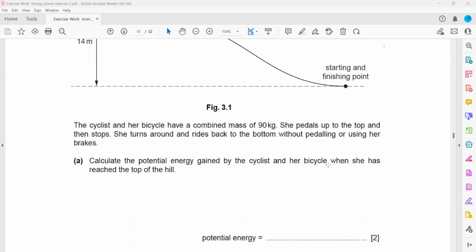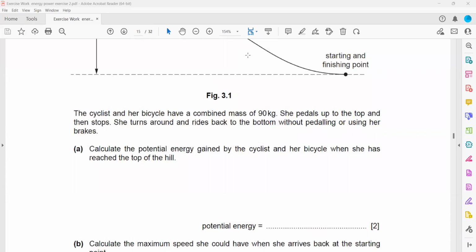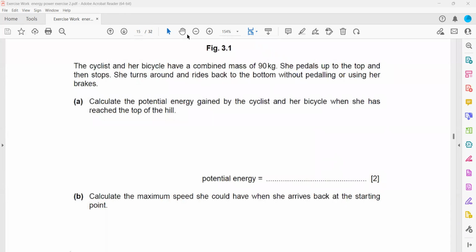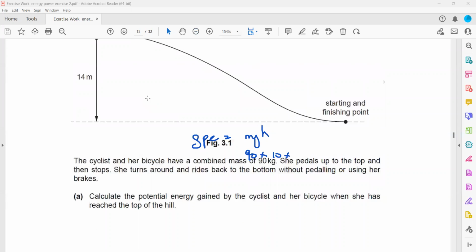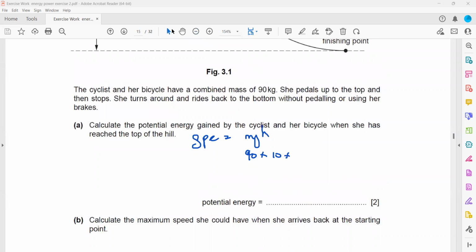Calculate the gravitational potential energy. So how to get the gravitational potential energy? The GPE is mgh. The mass is 90, gravity is 10, and the height is 14. So 90 into 10 is 900, into 14.